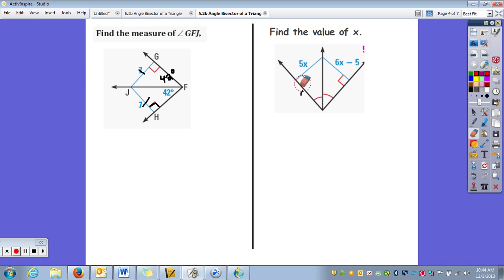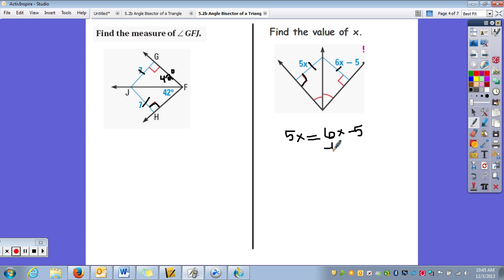So then on the next one, notice we have an angle bisector. It's perpendicular, which makes these two congruent. So from there, we have 5x equals 6x minus 5.